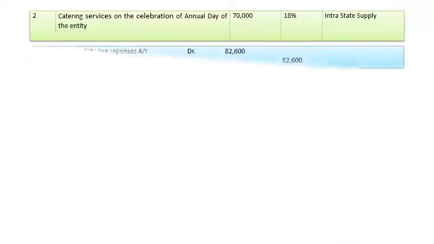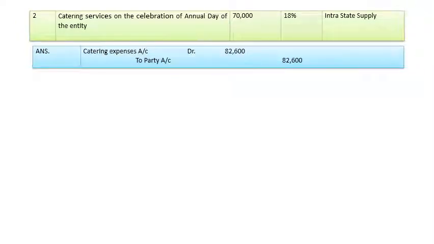So in this case, entry will be catering expense account debit 82,600 to party account 82,600. Why 82,600? Because we have added GST amount into the expense. 70,000 plus 12,600 comes to 82,600.